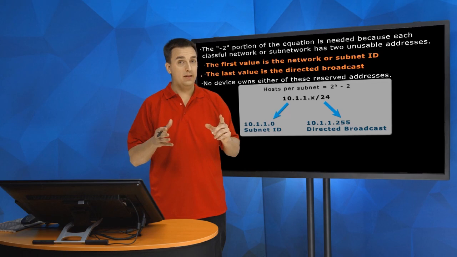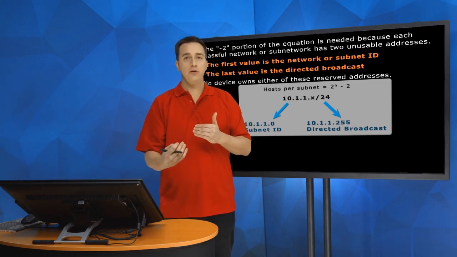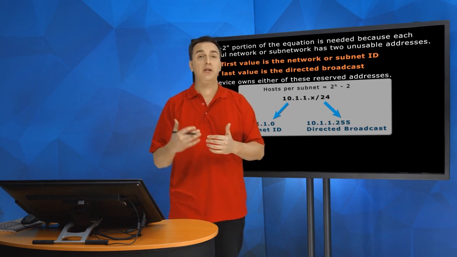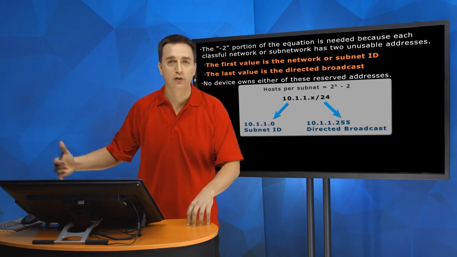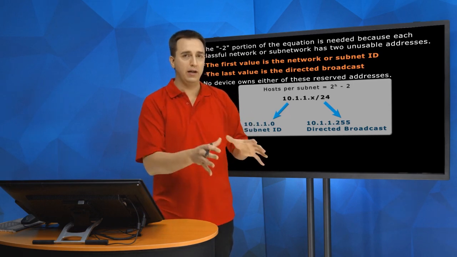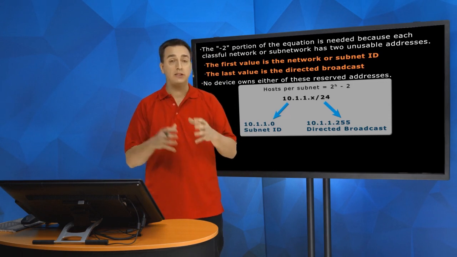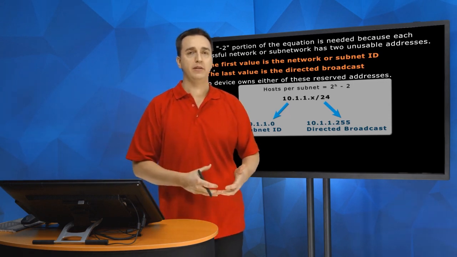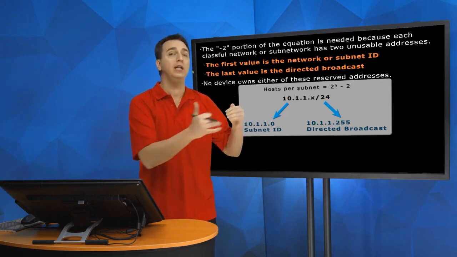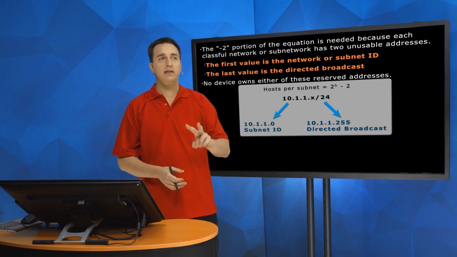The directed broadcast address is used by devices outside of your local area network if they want to talk to everybody in your subnet. So since it's used to talk to everybody within the subnet, you can't assign it to one single device in your subnet. That's why you subtract 2.